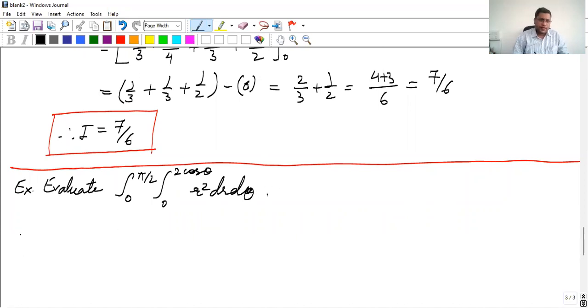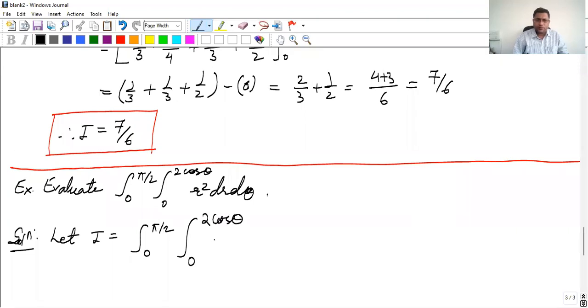So this is the integral that we need to evaluate. Let I be equal to the integral from 0 to pi by 2, 0 to 2 cos theta, r square dr d theta.